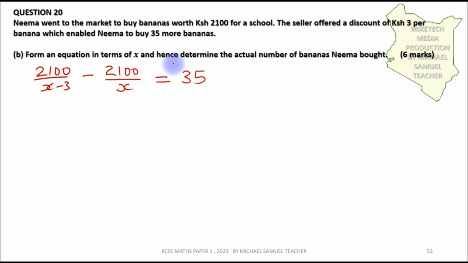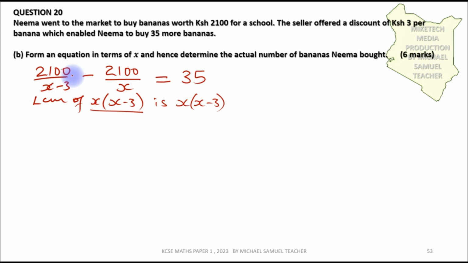So from here, the LCM of x and x minus 3 is x times x minus 3. So we pre-multiply each term by the LCM.